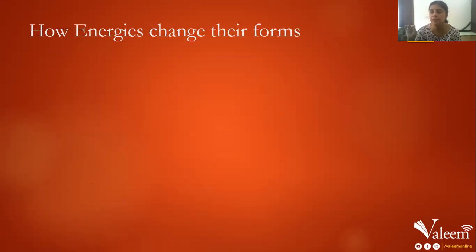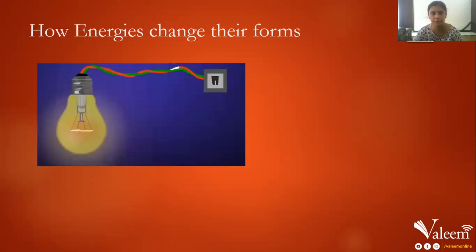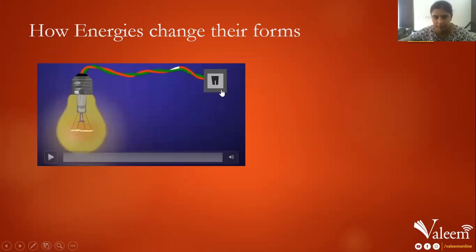Now comes our main topic: how energies change their forms. Look at this example. Can you see an electric switch over here? Once I turn it on, the electric energy is transmitted through these wires to this bulb.